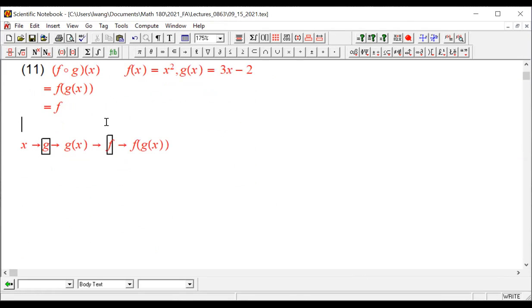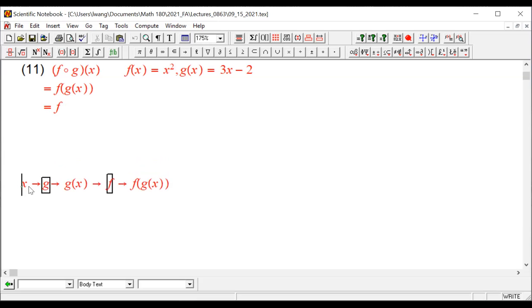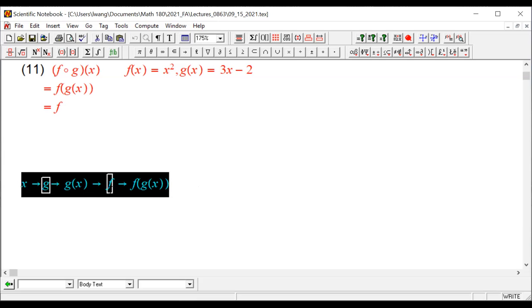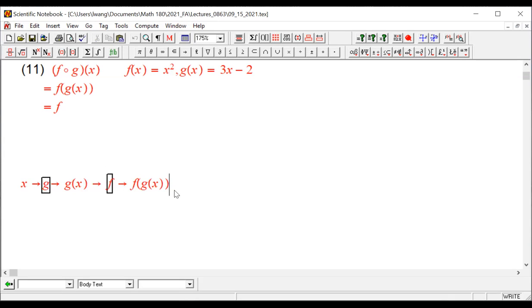This is actually called a flowchart. In the future, when you learn programming, this is called a flowchart. But mathematically, we don't do this. So you do g first. What is g? G is 3x minus 2. So we finish the g, okay?